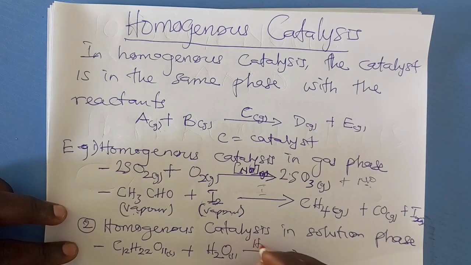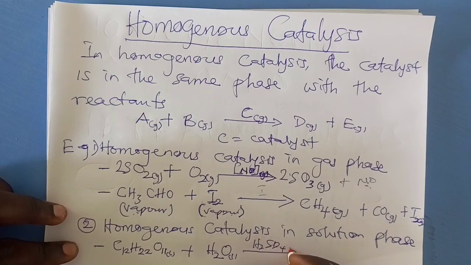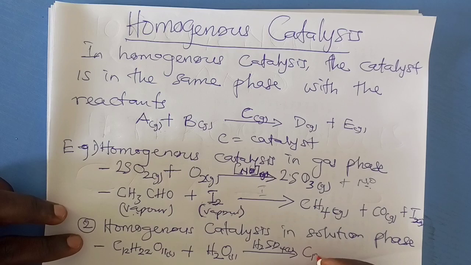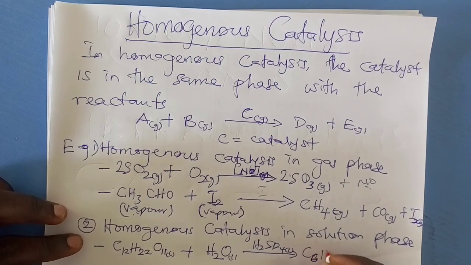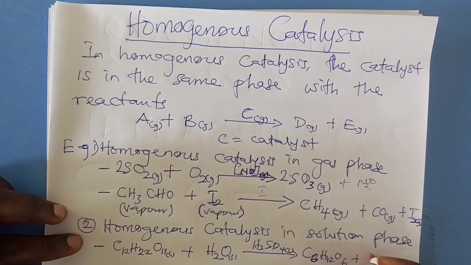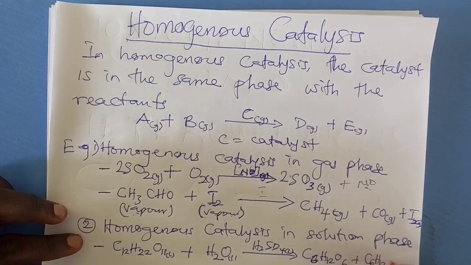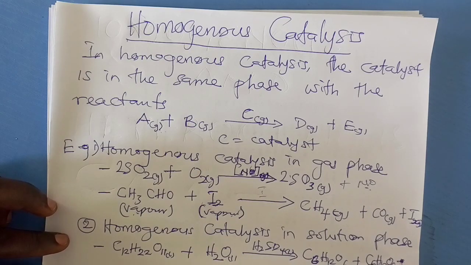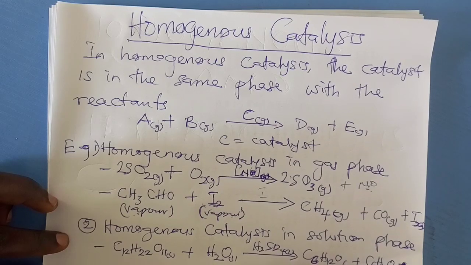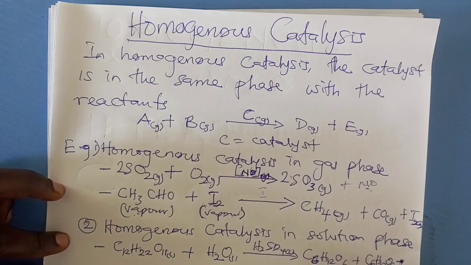The catalyst is sulfuric acid, to give glucose, C6H12O6, plus fructose, C6H12O6. Then the sulfuric acid comes back as the catalyst. You can see this is glucose and this is fructose.